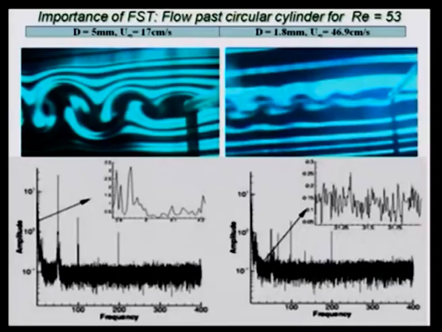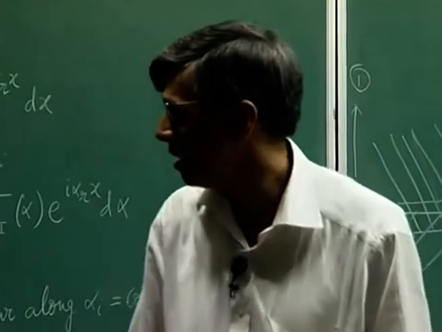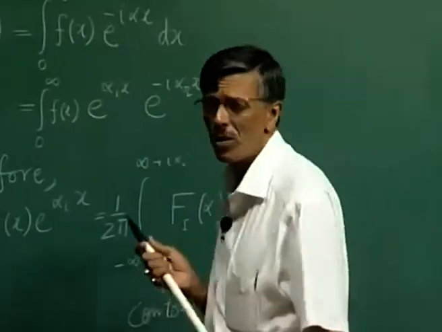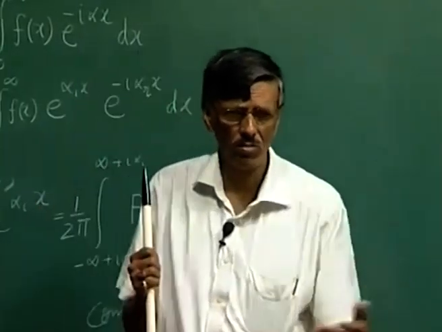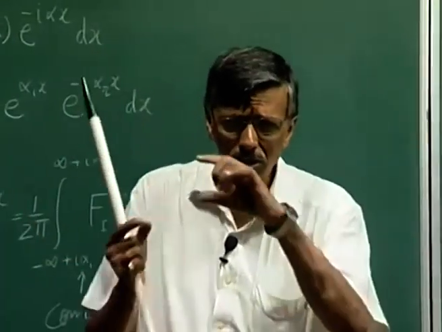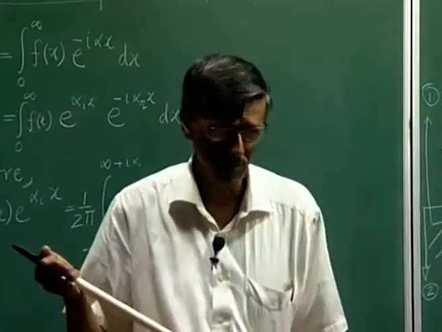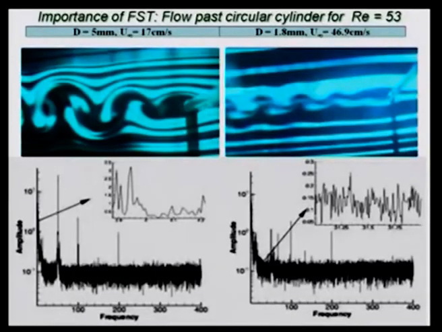Because earlier theoretical studies have revealed that if you keep your Reynolds number above 47 or 48 or so, then you see this vortex that is shed at the back of a circular cylinder. Now, this event is traced to the instability of the flow, right. Now, the question is, for a Reynolds number of 53, we should see a shedding, and that is what one would like to do.